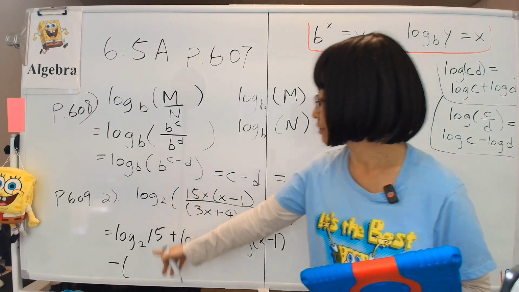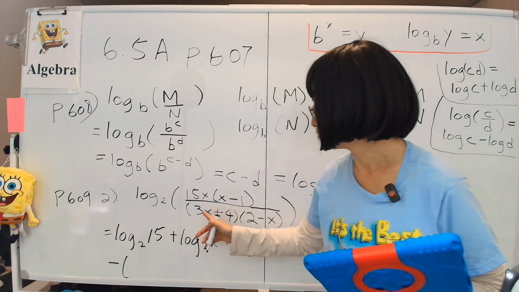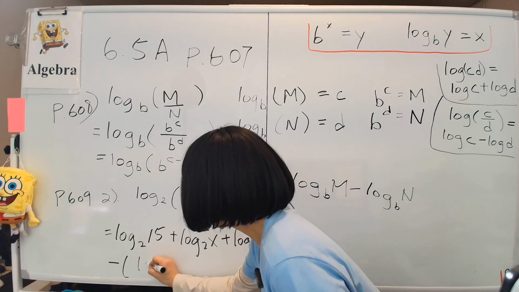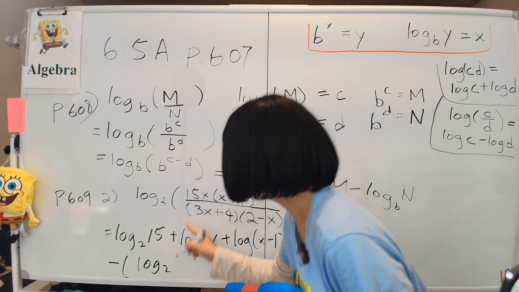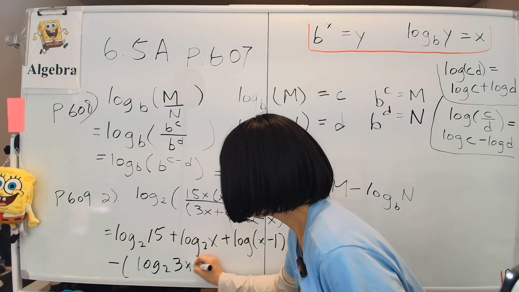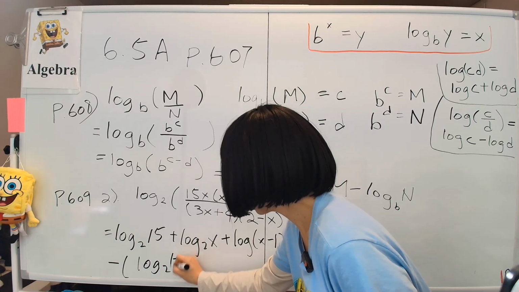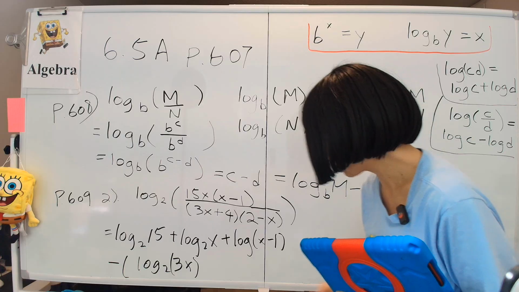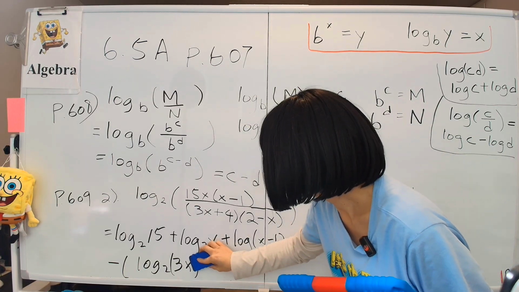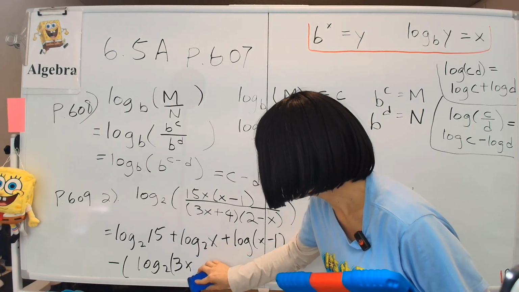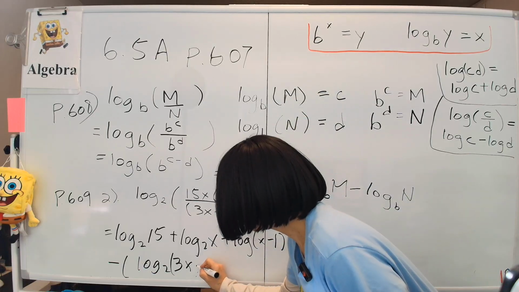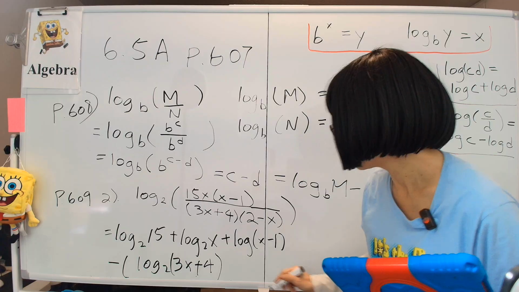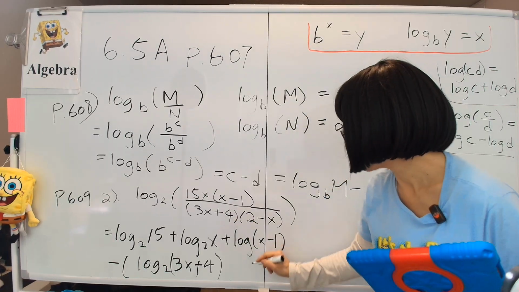Starting with the parentheses, then log 2, this thing, write all this down, minus log 2, 3x, all together inside log 2. Then, sorry, 3x plus 4. Why didn't I see that? 3x plus 4. Okay, and then this is a plus in here.